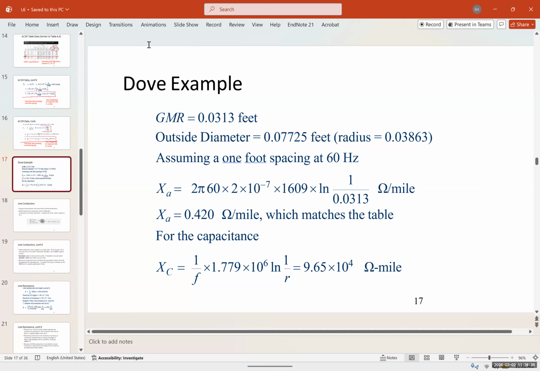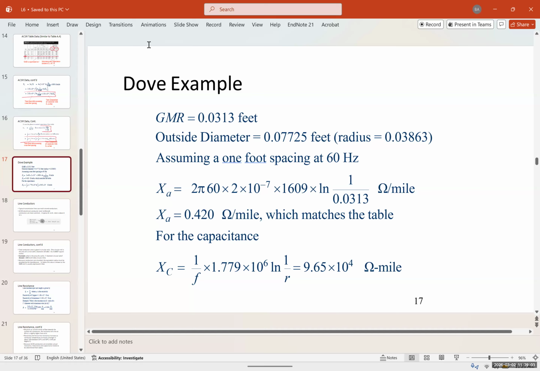Assuming a 1 foot spacing at 60 hertz, XL would be 2 pi times 60 times 2 times 10 to the power of negative 7 times 1609 times ln of 1 over 0.0313 ohms per mile, and XL would be equal to 0.420 ohms per mile, which matches the table.